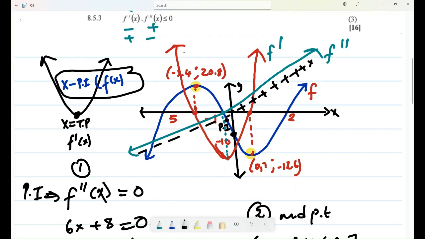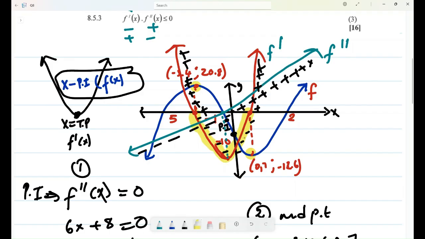Then let's look at my graph here. We are looking at the y values: positive, positive, positive, then negative, negative, negative, then positive, positive. So we want where this one is negative and this one is positive. So f prime is negative on this portion.